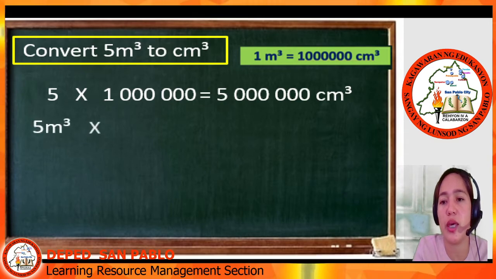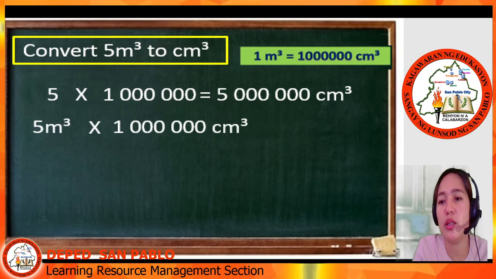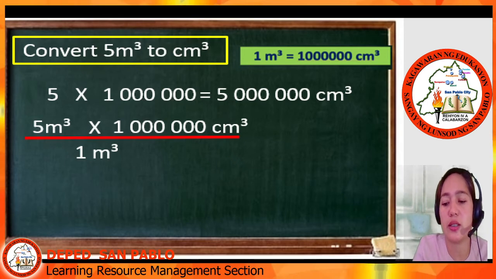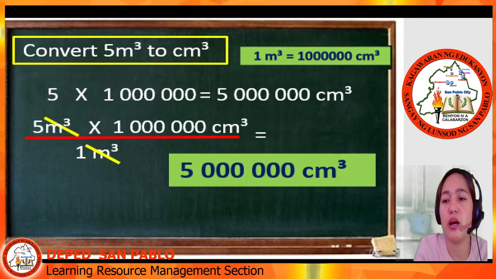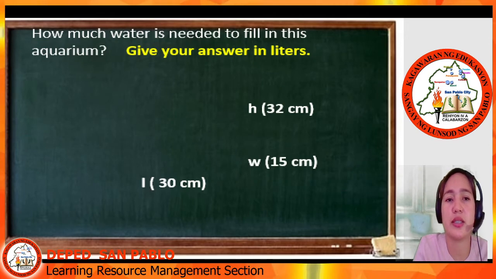Let's solve again: 5 cubic meters times 1 million cubic centimeters over 1 cubic meter, then cancel the same units. So we have 5 million cubic centimeters.